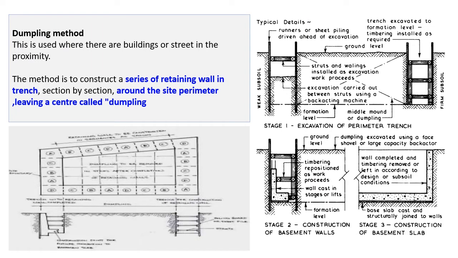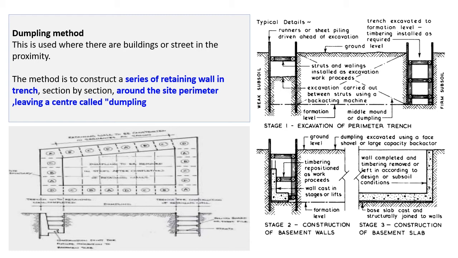The dumpling method or perimeter trench method is used where there are buildings or streets in the proximity or where weak soil is encountered. A trench wide enough to enable the retaining walls to be constructed is excavated around the perimeter of the site and timbered according to the soil conditions.